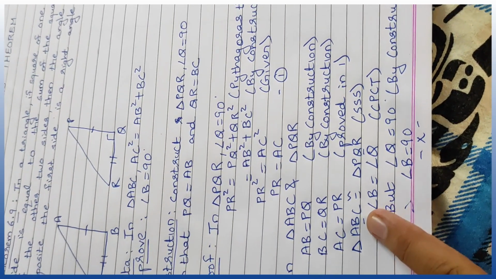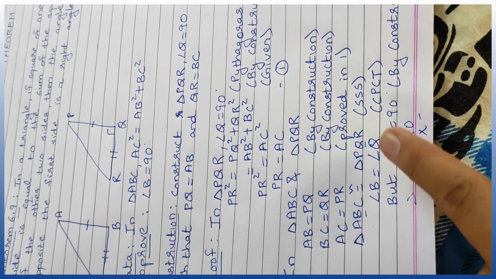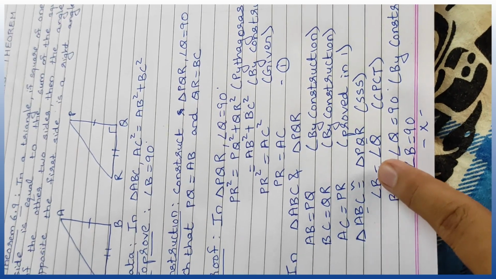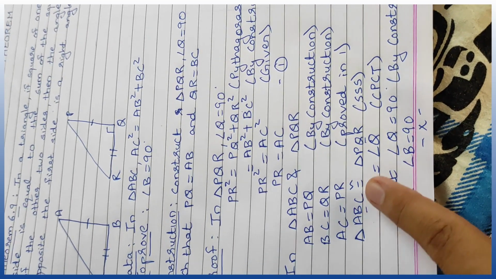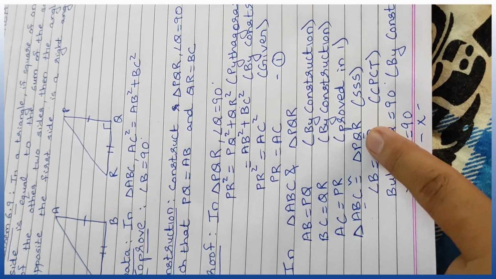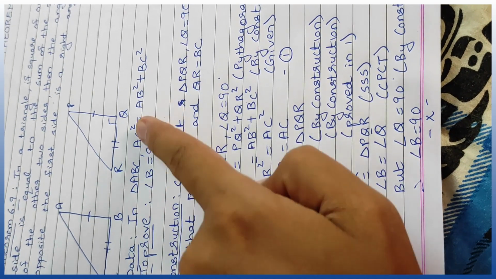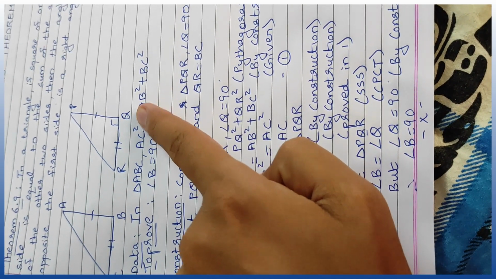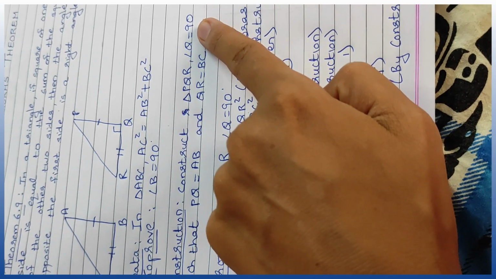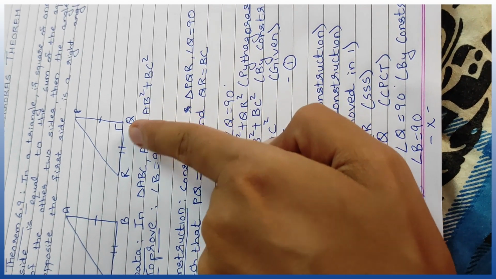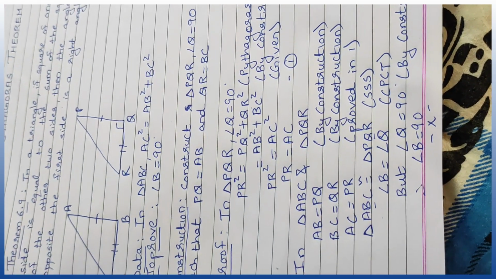So both triangles are congruent according to SSS. Therefore, angle B and angle Q are corresponding angles of congruent triangles, so they are equal. Angle Q we took as 90 according to construction, and if angle Q is 90, angle B will also be 90.